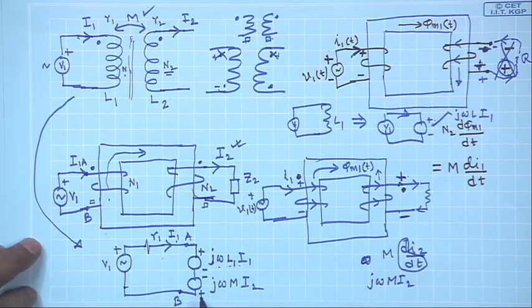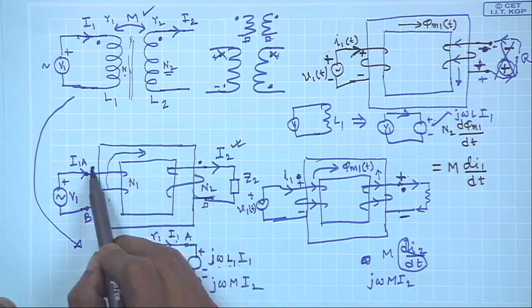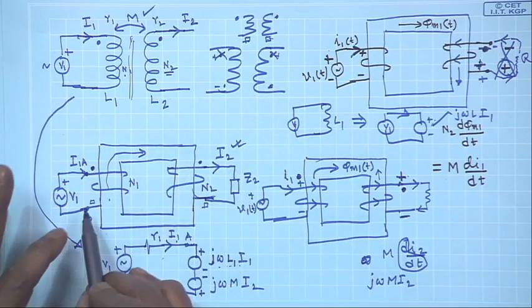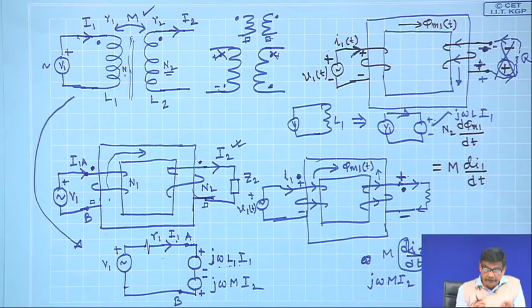But the big question is where to write plus minus. Since these two have been dots already declared, the other two terminals will also have the same polarities, that you must understand. Spend some time and think about it.